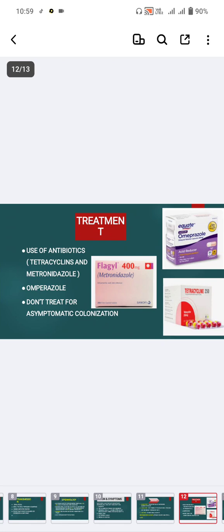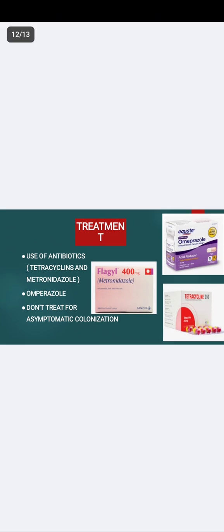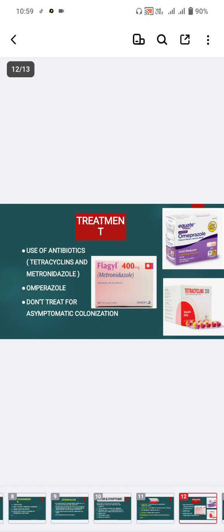And the last one is: don't treat asymptomatic colonization. It means if you have no such symptoms, then don't treat H. pylori with these medicines. So you will need a proper checkup and diagnosis for the H. pylori bacteria.